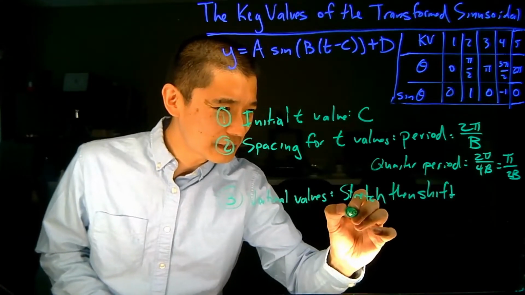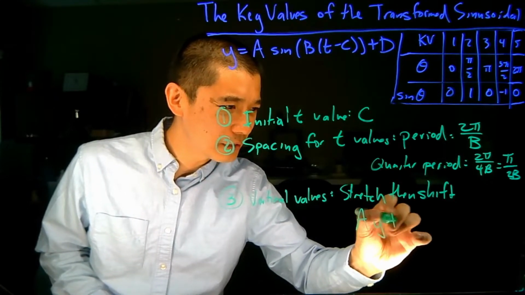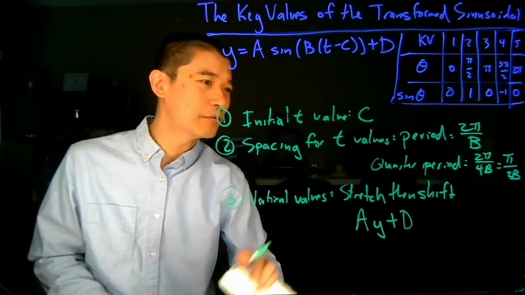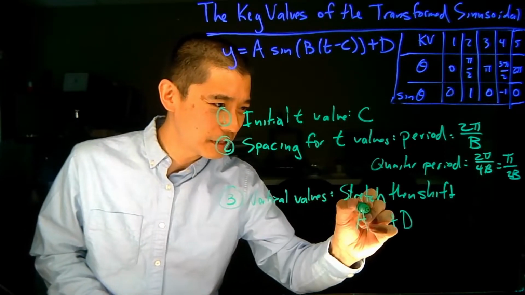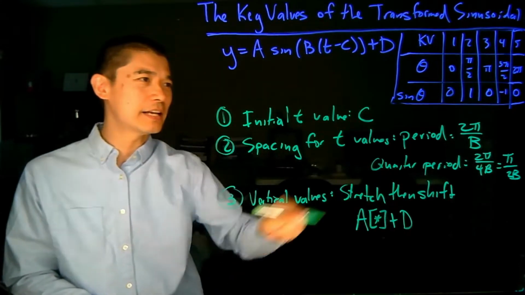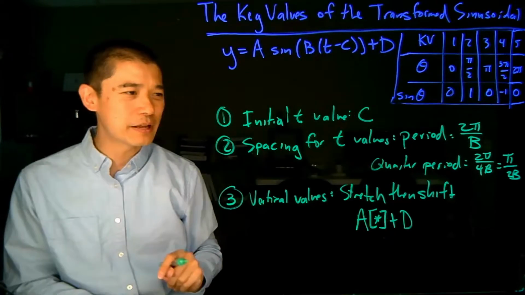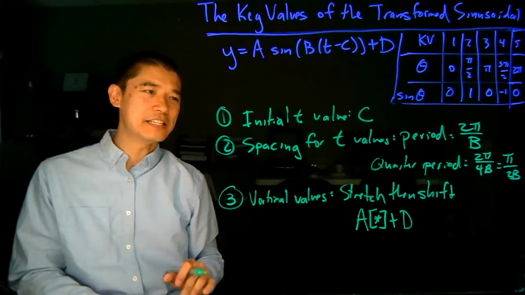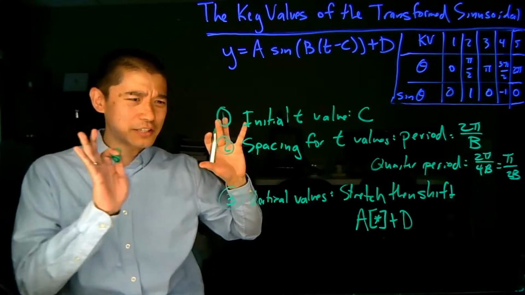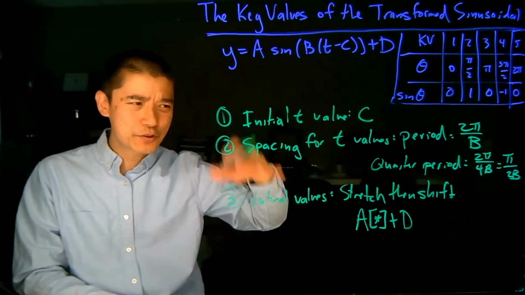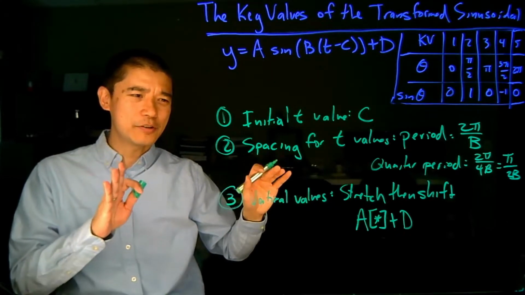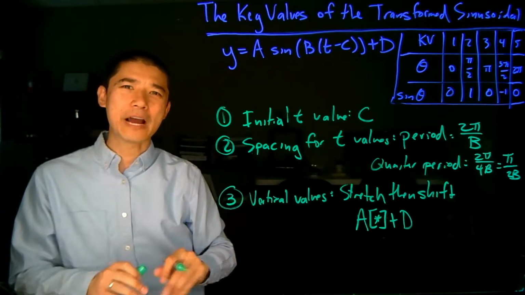So it kind of looks like this, a times an empty bracket, corresponding to the value coming from that part, plus d. So you multiply by a and you add d. Now again, right now this is just a bunch of formulas. We'll do an example to show you this, but it won't really be until the next video when we look at the graphs that all the ideas are going to come together.